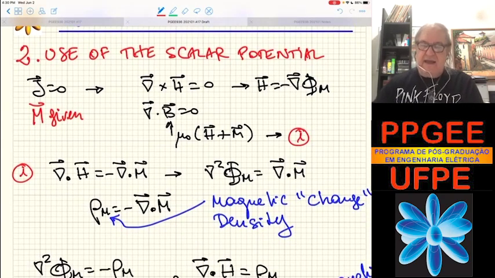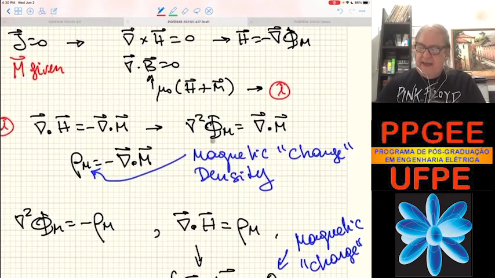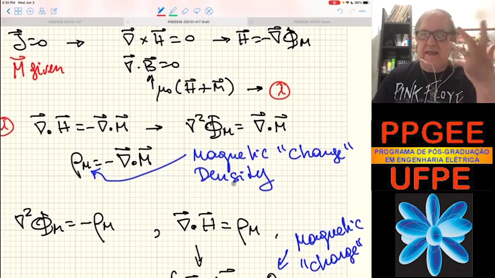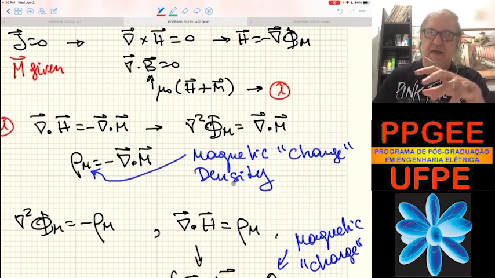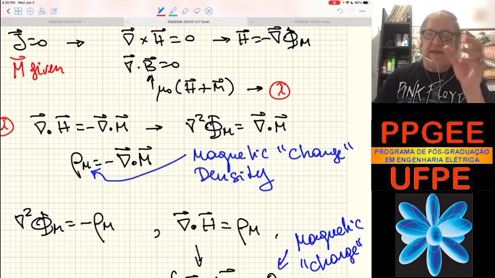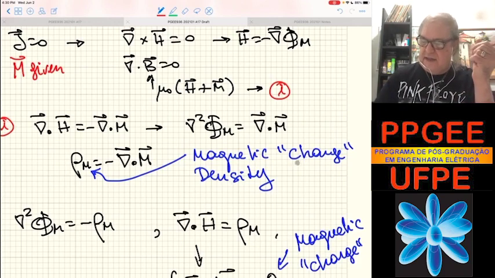So we define this fictitious magnetic charge density. It's a fictitious parameter. It's as if we had a magnetic charge for H, not for B, right? For B there's no magnetic charge. But for H, you can pretend there's a fictitious charge. Why?